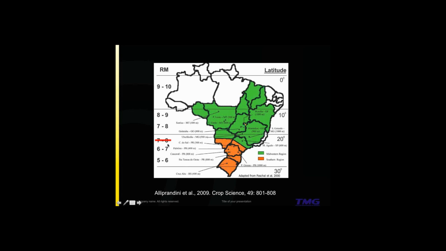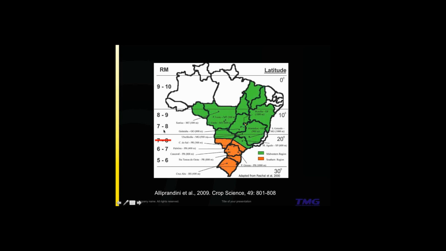We almost do not grow group 7 to 8 anymore here in southern Brazil. So that's another thing that happened: we start to shorten the maturity groups that are used for double cropping. And in central Brazil, we essentially grow groups 6.5 up to 9.